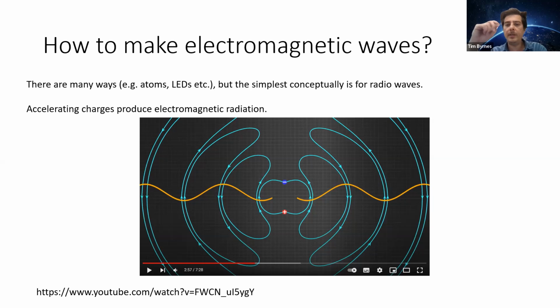And acceleration means that you change the velocity. We saw that if you oscillate a pair of charges like this, it produces electric fields that make this kind of wave pattern. And once you create that wave pattern, it can propagate in space.